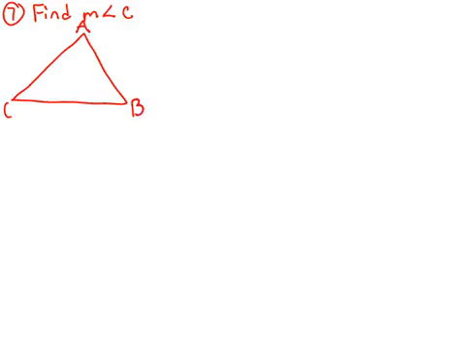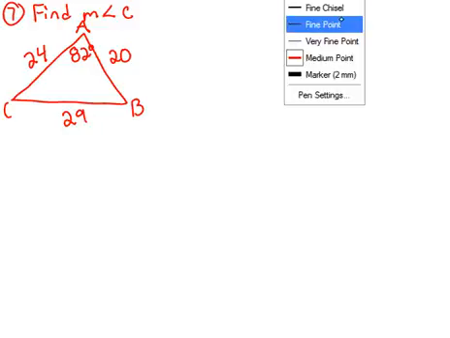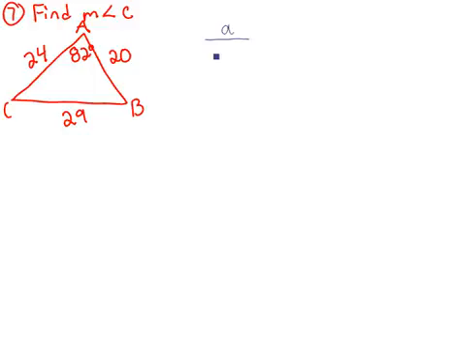It says find the measure of angle C. So we know that our formula is little a over the sine of angle A is equal to little b over the sine of angle B is equal to little c over the sine of angle C. Okay, so we got to figure out what we know, what we're looking for. We're looking for the measure of angle C.